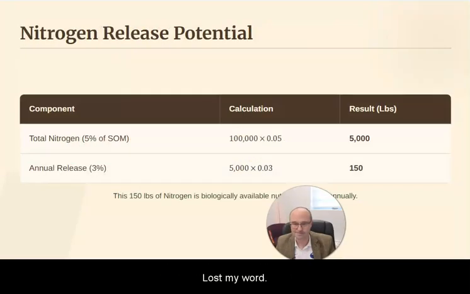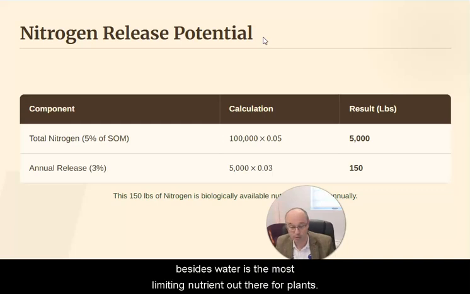So we're going to look at nitrogen, and you remember that nitrogen, besides water, is the most limiting nutrient out there for plants.